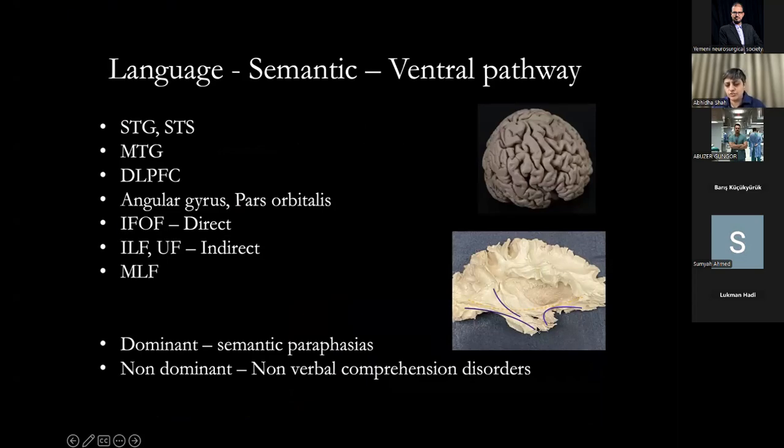And indirectly, of course, the uncinate and the ILF are involved. The cortical substrates are the superior and middle temporal gyrus, the dorsolateral prefrontal cortex, and the superior temporal sulcus. Now, if you damage this network on the dominant side, you will get semantic paraphasias. On the non-dominant side, you will get non-verbal comprehension disorders.